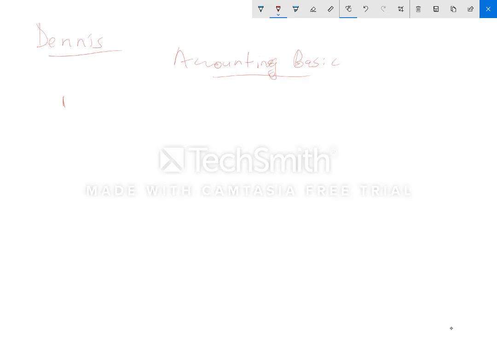One, accounting defined. Two, accounting process. Three, chart of account.